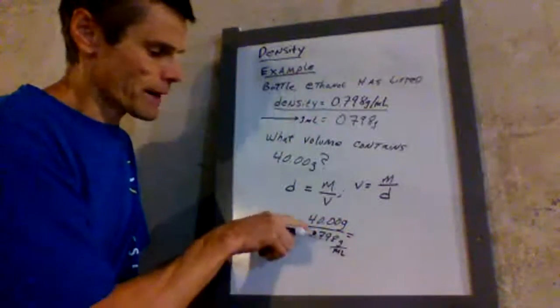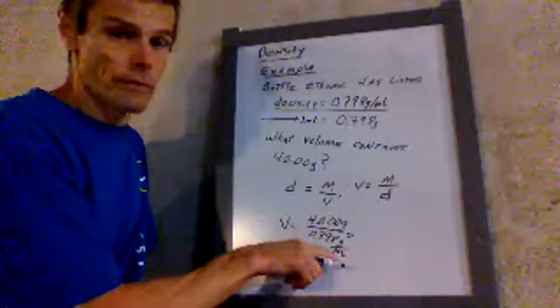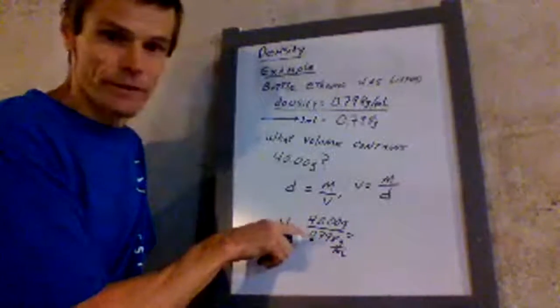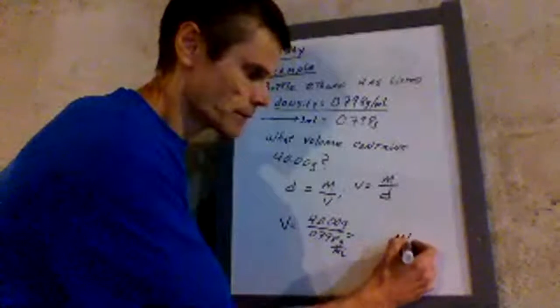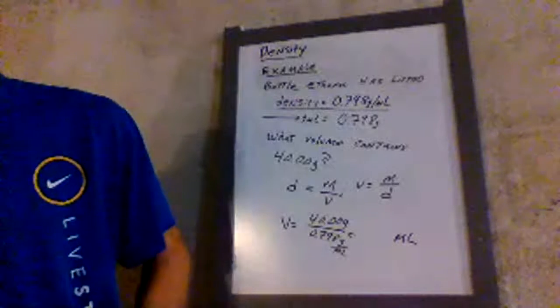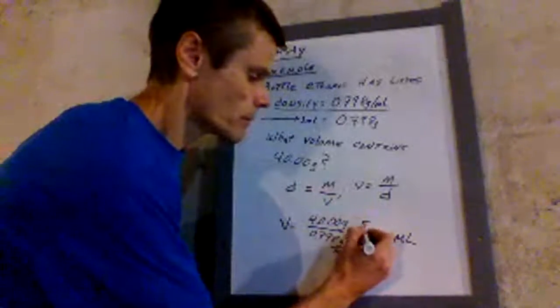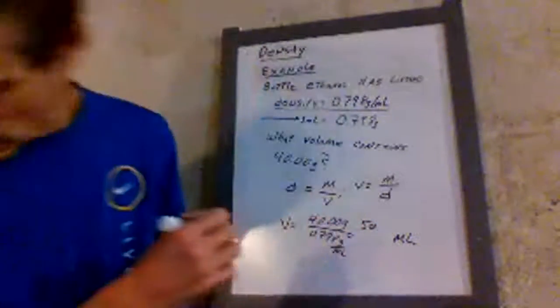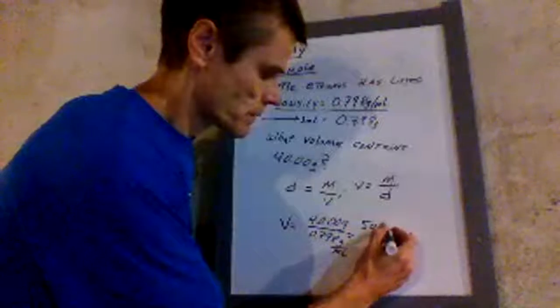Notice we're dividing the mass by a density, and the units of volume are in the denominator of this density factor. Our answer is going to be in milliliters. If we put this into our calculator, we're going to get 50.13 milliliters.